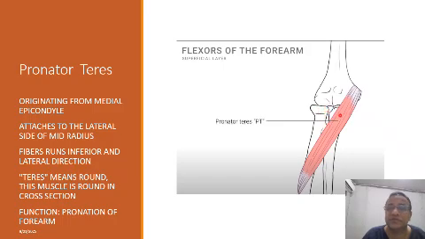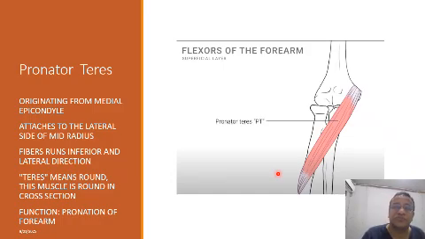So this muscle originates from the medial epicondyle and its fibers run inferiorly and laterally to attach into the mid shaft of the radius. Pronator teres, its name itself gives us a clue about its function.